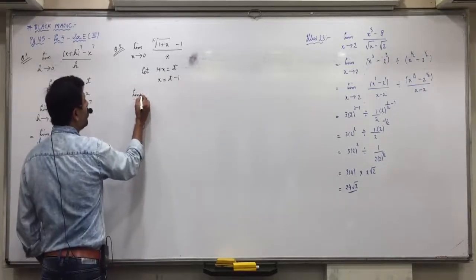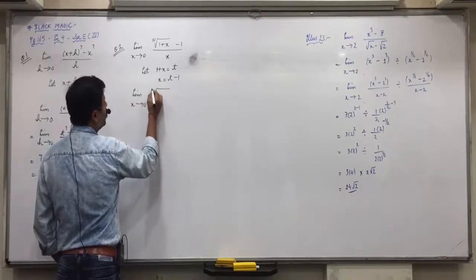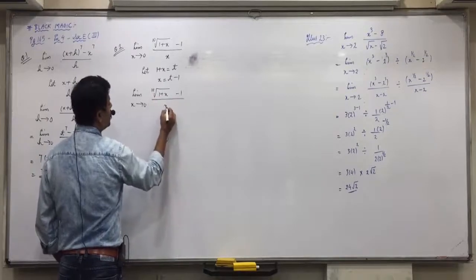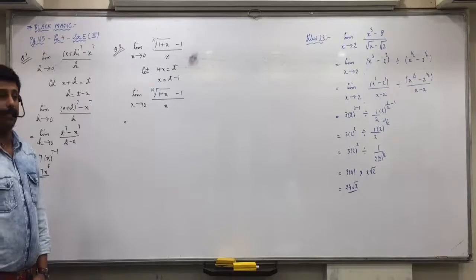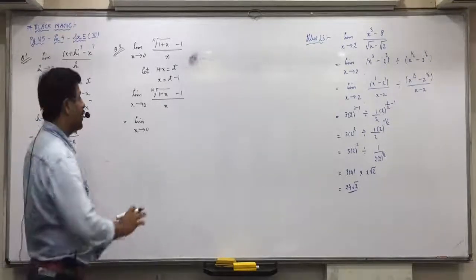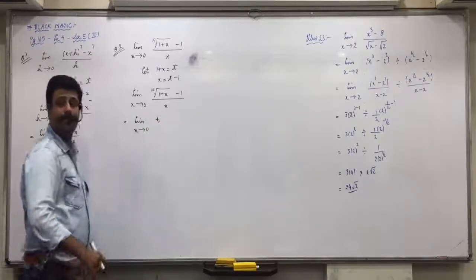Now, limit x tends to 0, 10th root of 1 plus x minus 1 upon x. Now if we put the values, we'll write it this way. First of all, in place of 1 plus x, can I write it as t?